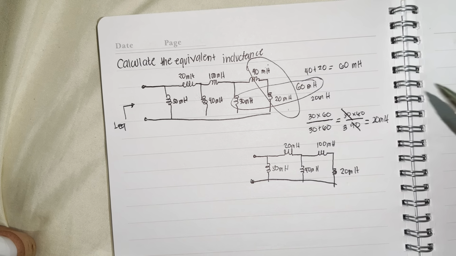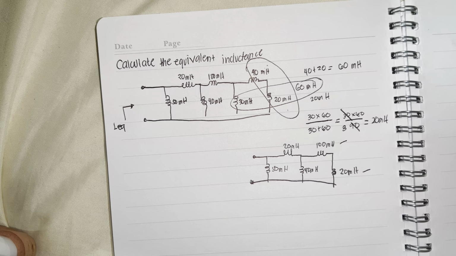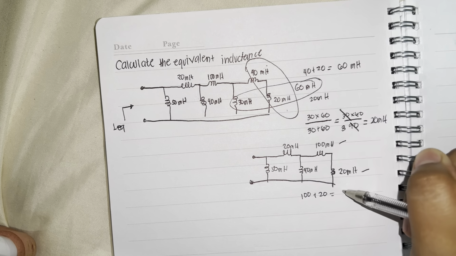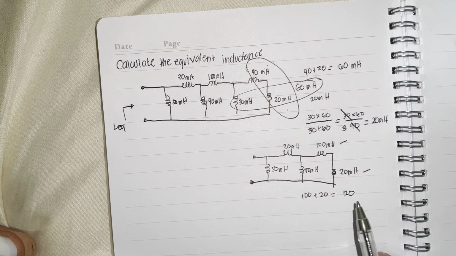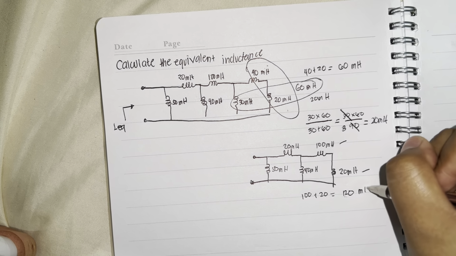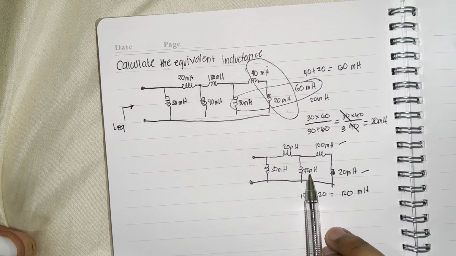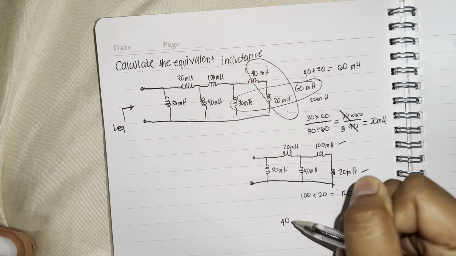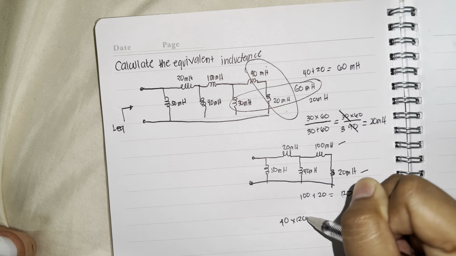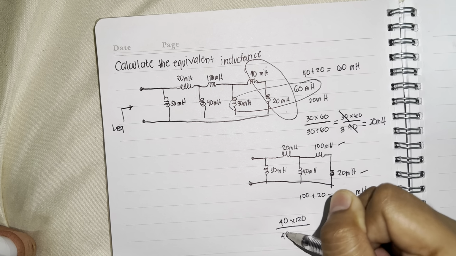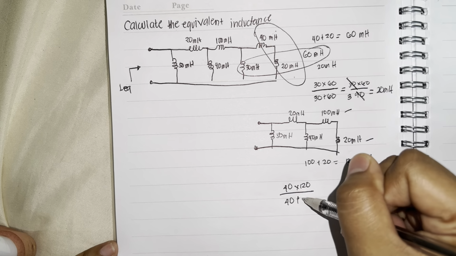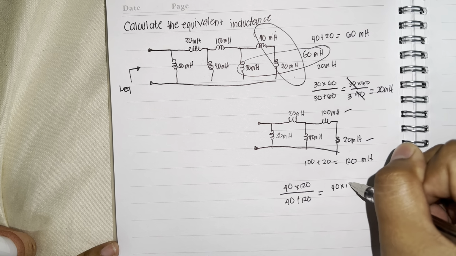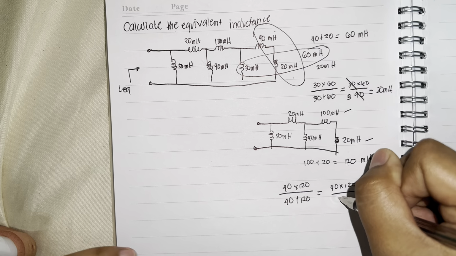Now we will calculate this 120 in series: 100 plus 20 is equal to 120. So 120 millihenry is in parallel to 40. We solve it as 40 times 120 divided by 40 plus 120, which is 40 times 120 all over 160.